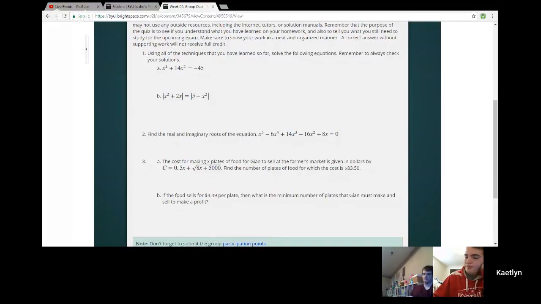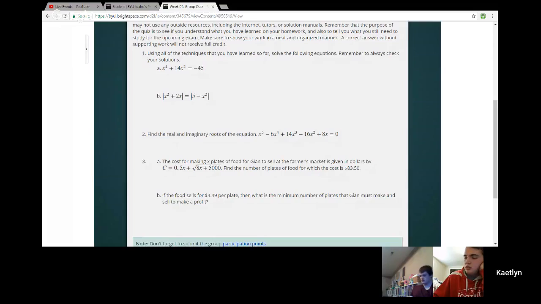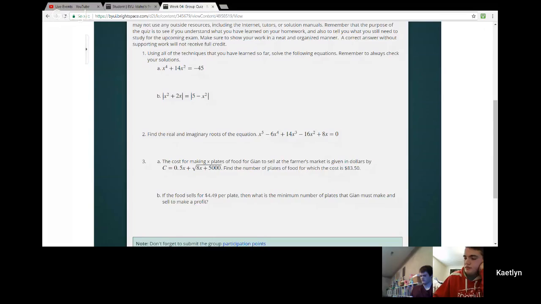So what did you get? When you factor it, you should get x squared plus 9 and x squared plus 5. So you should have plus or minus 3i and then plus or minus 5i... Yeah, because if you factor it, you'll find that we wouldn't have found a zero using synthetic division anyway.